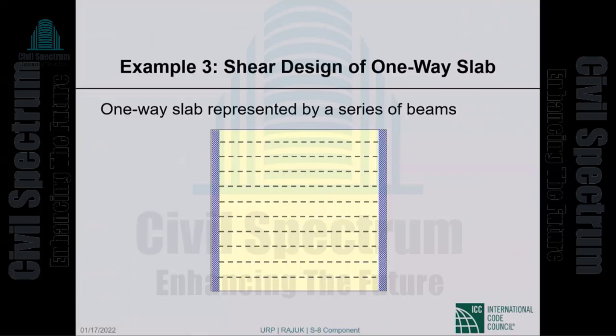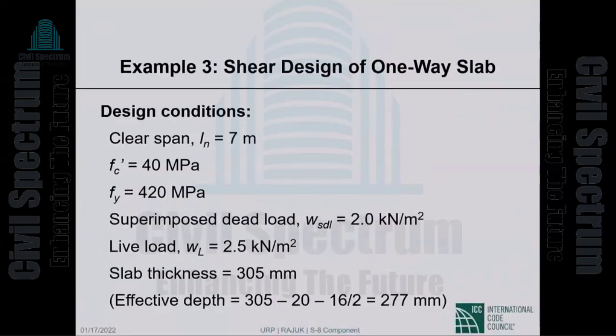So we have seen this in the flexural design calculation. There are several supports, not just one. This is the one-way slab spanning from left to right, and we take 1 meter width of the slab as a beam to design the slab. The clear span is 7 meters. Concrete strength, steel strength, superimposed dead load is 2 kilonewtons per square meter, live load 2.5 kilonewtons per square meter.